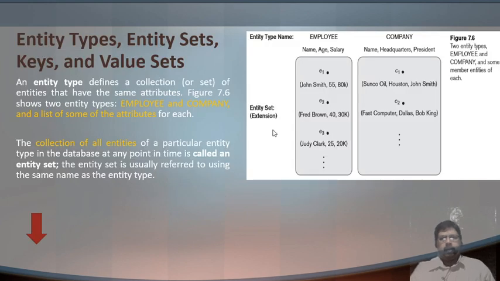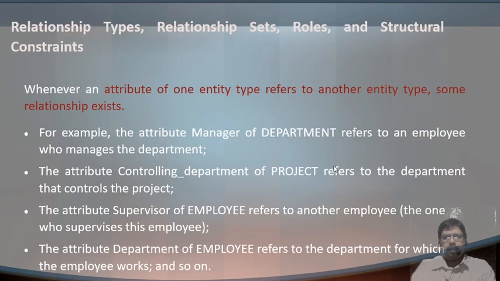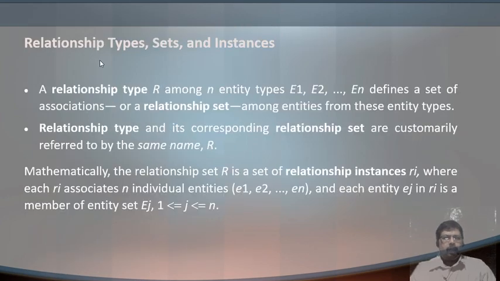Here you see the capital E, or even small E1, E2, E3, these are defining the employee entity. Here the relationship type R is among n entity types, E1, E2, E3, En, these are different entities.